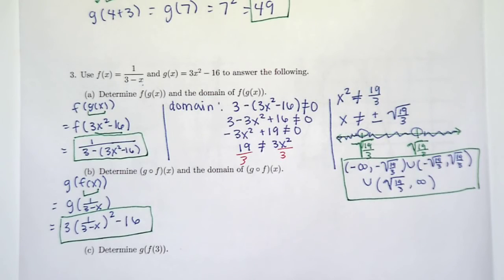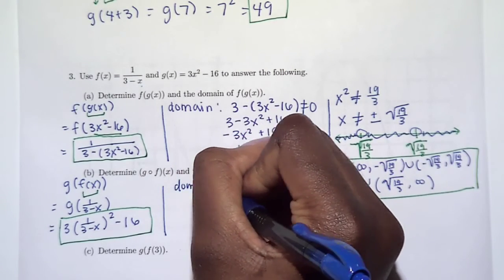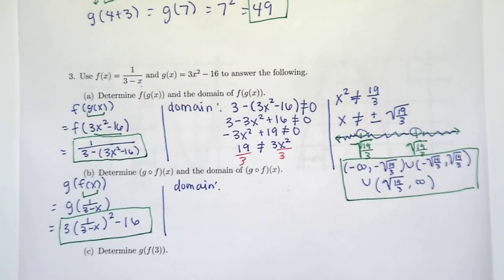All right, and then we want to find the domain of this g of f of x. So again, are there any issues here? Do we have any fractions or square roots? We do have a fraction. We just want to make sure the stuff in the bottom of the fraction does not equal 0.